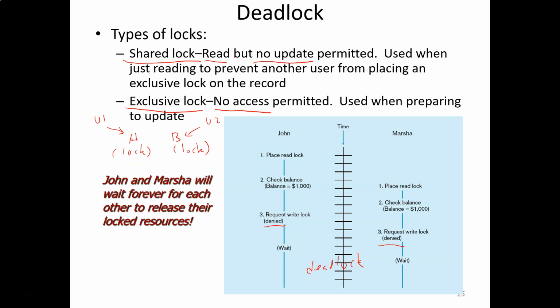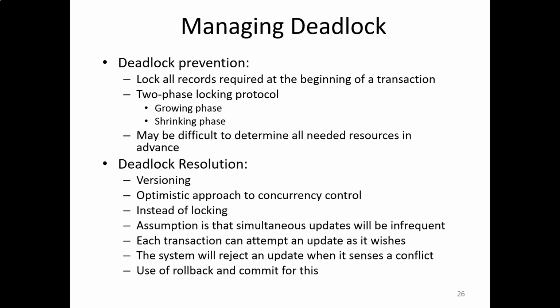And user 2 requests record A and is also denied, because it's locked by user 1. So these two will wait until someone gets off the database. So that's also a situation of deadlock. Deadlock basically means nobody can do anything to the database until somebody gets off the database.